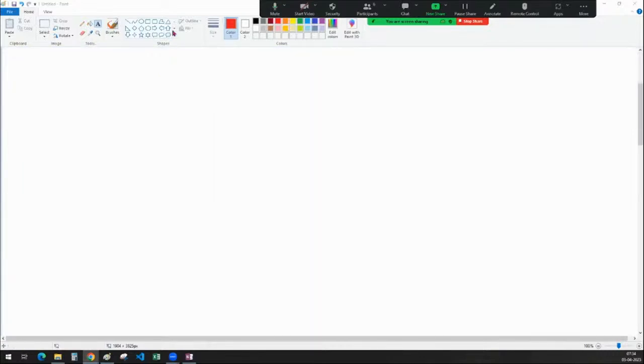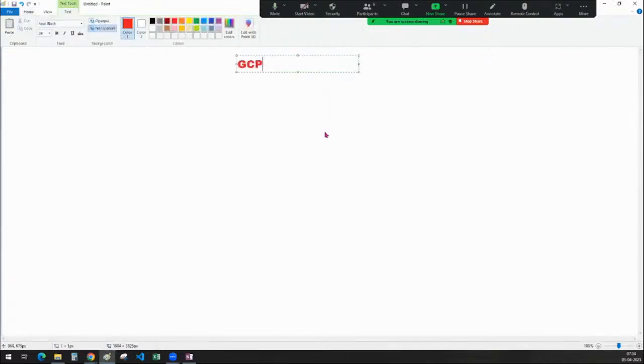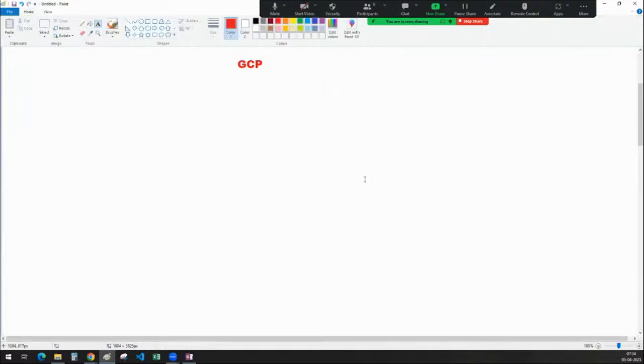So GCP, what is GCP? Nowadays cloud platforms have become very famous because they are mainly responsible for cloud computing.